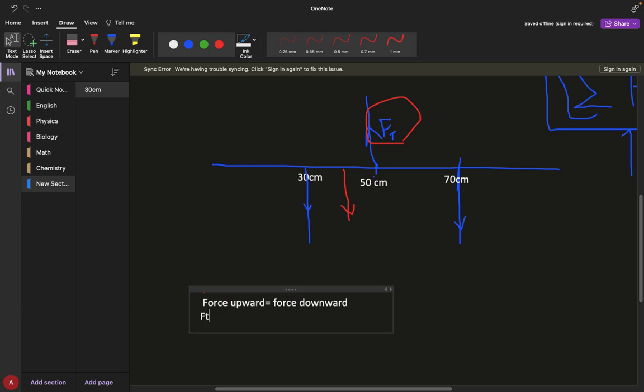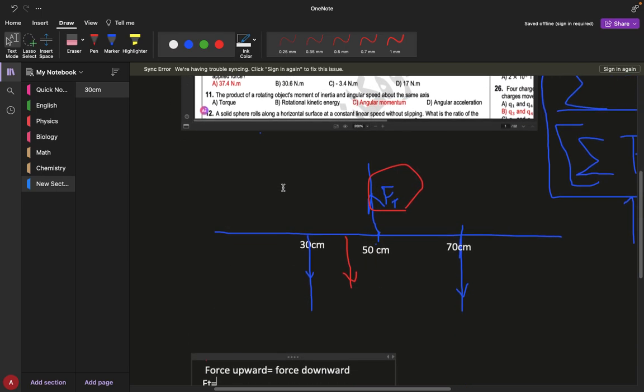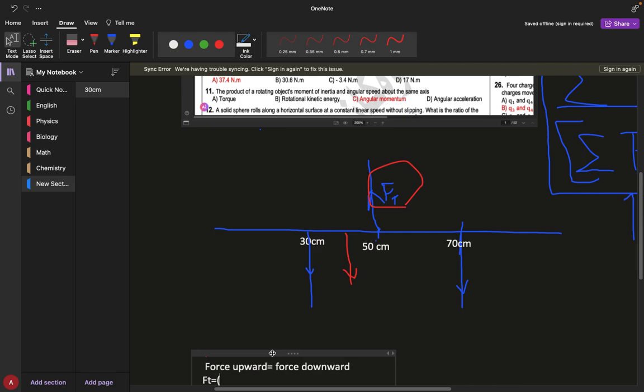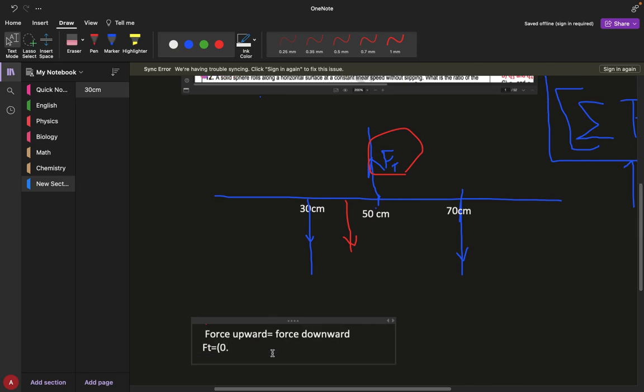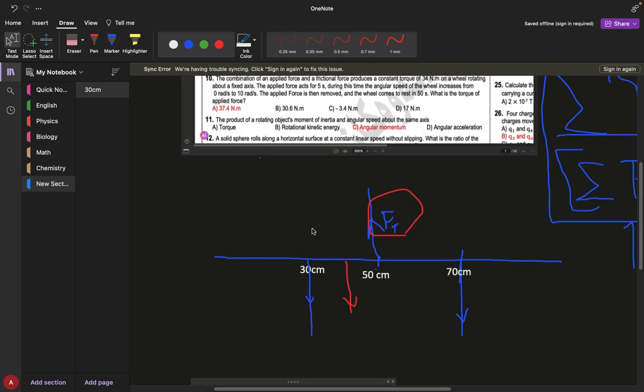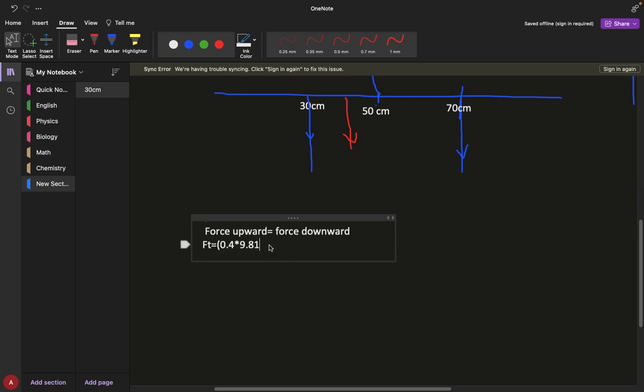Ft for upward equals 0.4 times 9.81, or you could do something else. Since we want to find the force, that's quicker.